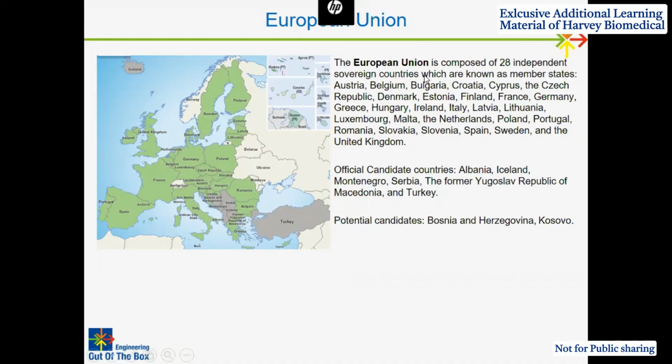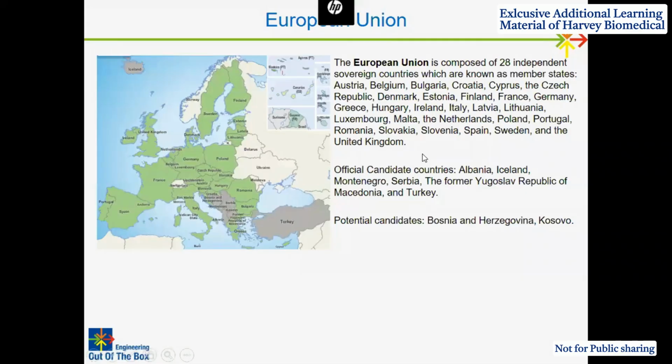Why is this European Union useful? Once the device is manufactured and the CE is approved, then they can sell into the member countries. But now the UK has exited from the European Union. Just as for the US we follow separate regulations, for the UK also we have to follow separate regulations.